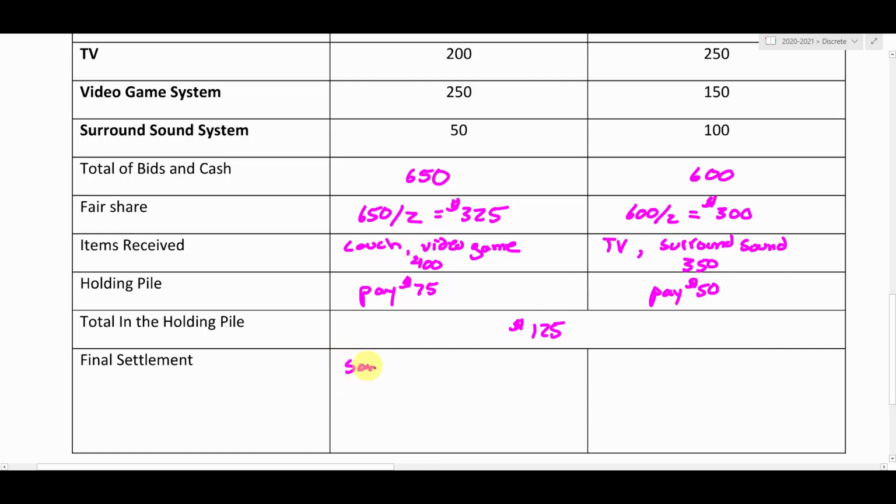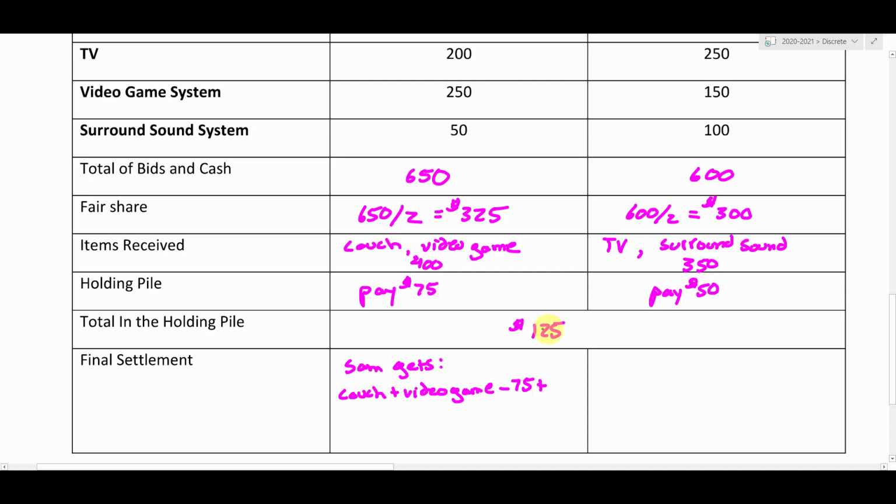So we're going to say Sam gets couch plus video game, and then I'm going to put a minus here. You'll see why in just a minute as I set this up. We're going to say minus $75 that he had to pay into the holding pile, and then plus his share of the remaining cash in the holding pile.